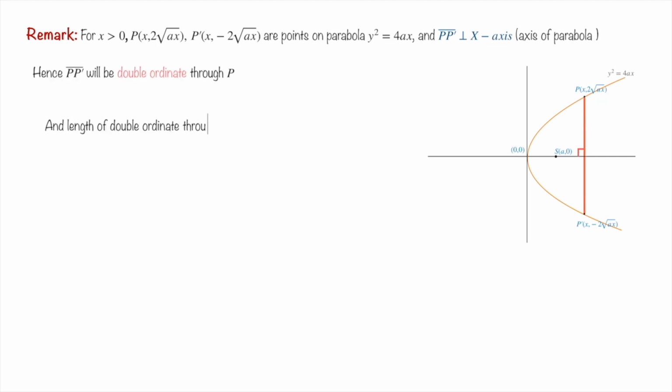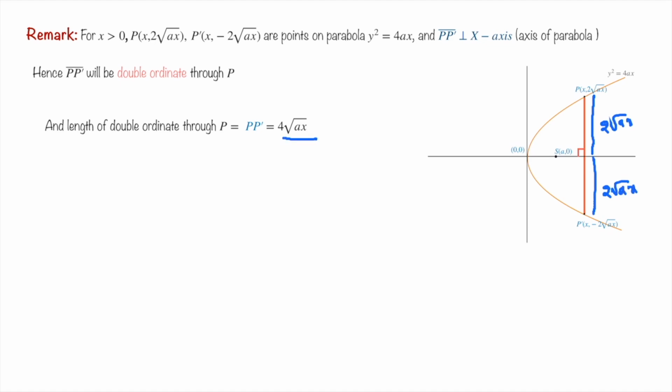Hence this P P dash will be double ordinate through P. If you are interested in length of the double ordinate P P dash, it's going to be 4 root x, because this length is 2 root x, this also 2 root x, the total is going to be 4 root x.